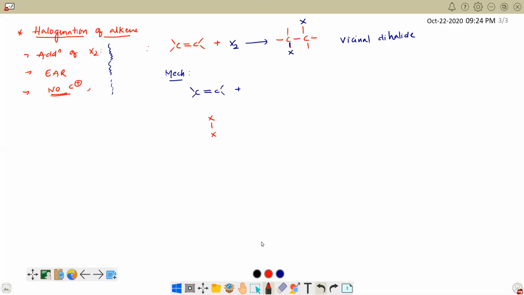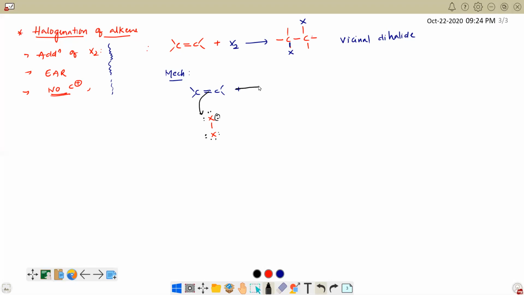Actually, what happens here? See, this halogen contains lone pairs, and the pi electrons are transferred to the vacant d orbital of the halogen. At the same time, this carbon becomes electron deficient.